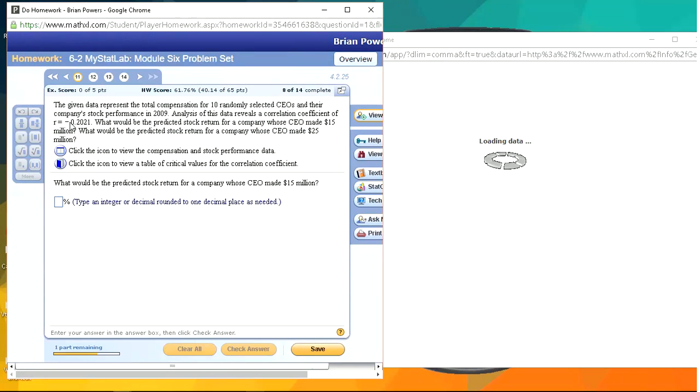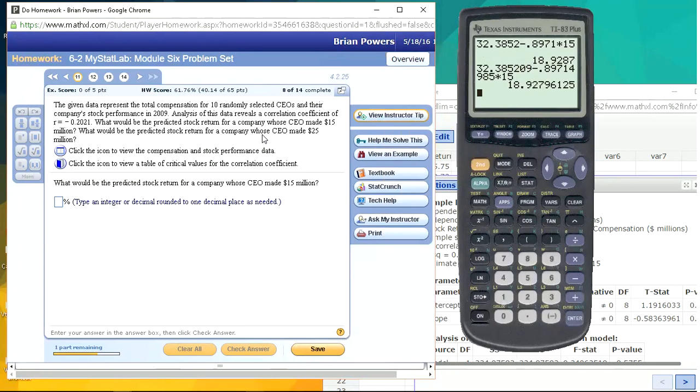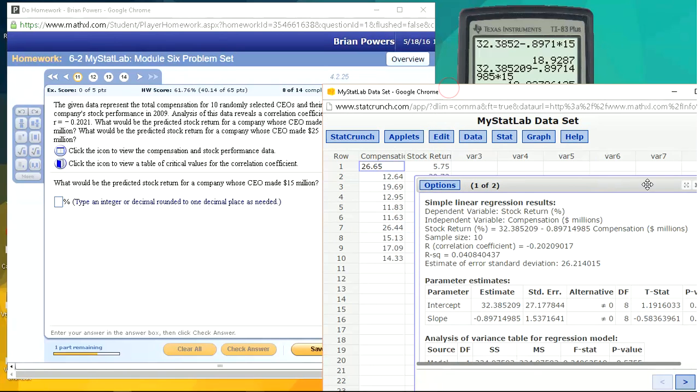Okay, so we have a correlation coefficient. What will be the predicted stock return for a company CEO who makes 15 million? This one, number 11, is making us really think critically. I pulled up the data in StatCrunch.